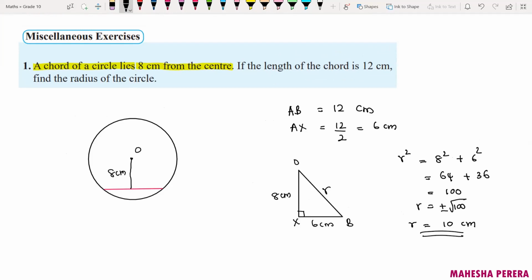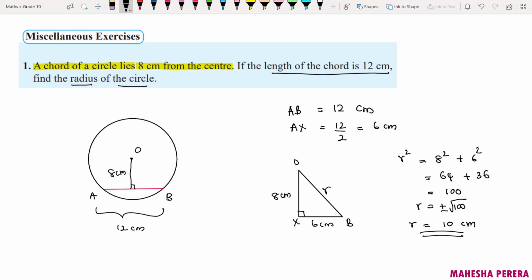And this should be the perpendicular distance. If the length of the chord is 12 centimeters, let's call this chord AB. So the length of this chord is 12 centimeters.